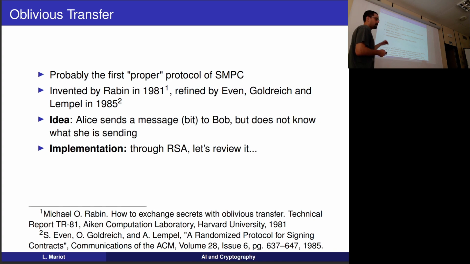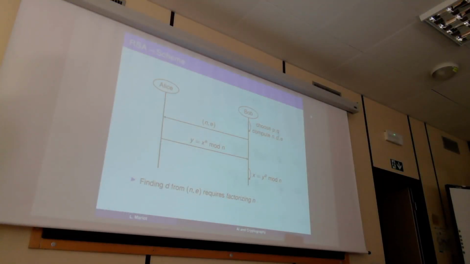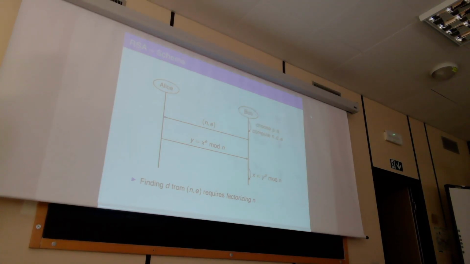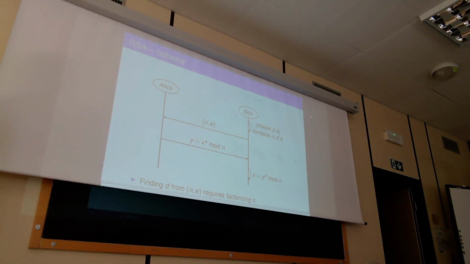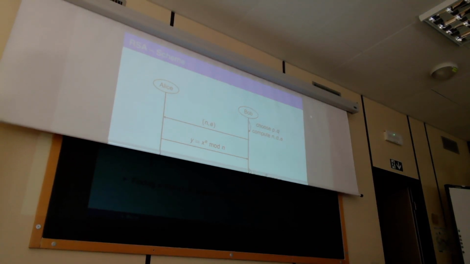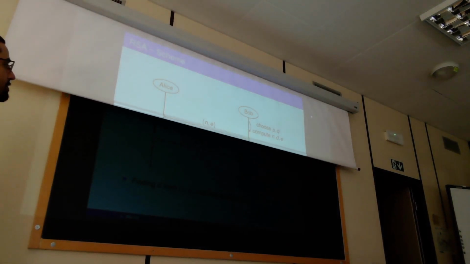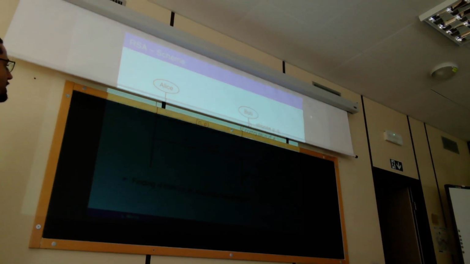So first, we need to review RSA a bit, because we showed it only in the first lecture, just to be sure that we are on the same page. In this case, I will need the blackboard. If you remember, RSA is a public key cryptography algorithm, and the idea is quite simple.